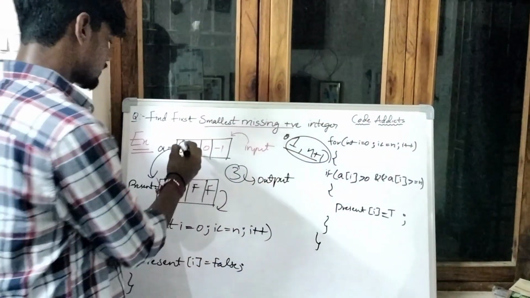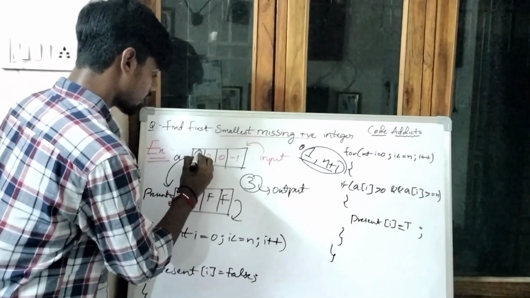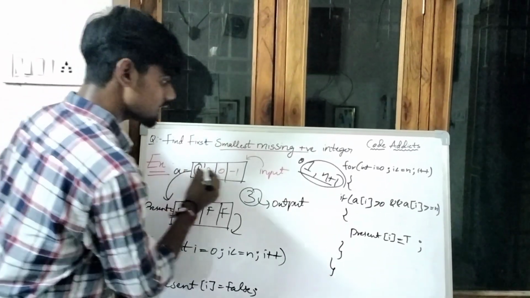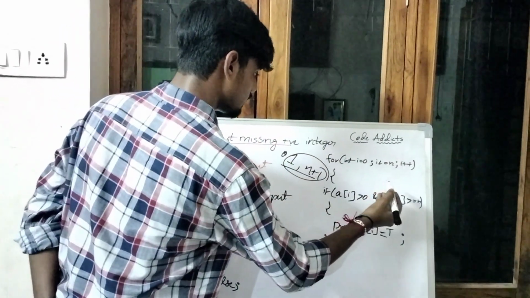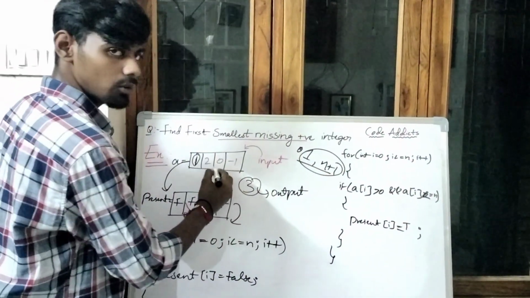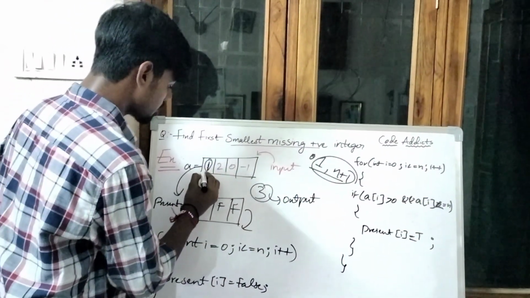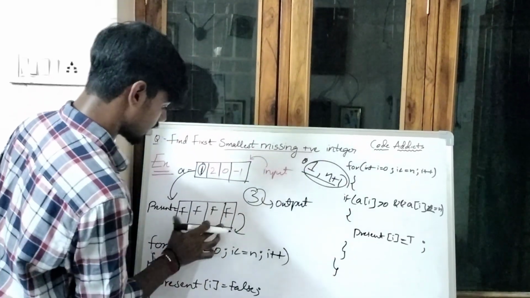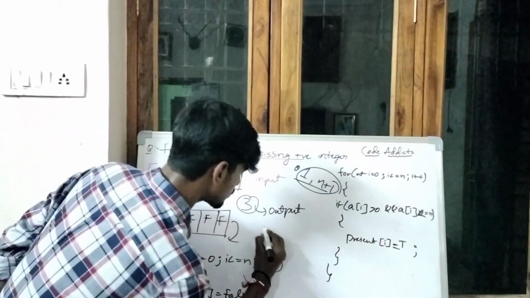For example, if 1 is the element, 1 is greater than 0 and less than or equal to n, so that element will be marked in this Boolean array as true.